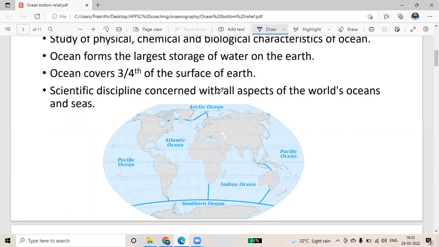In its northern portion, we can say the Arctic Ocean, and in the southern portion, the Southern Ocean. So by dividing the northern side and southern side, we can divide the ocean into 5. Otherwise, there are mainly 3 oceans: the Pacific Ocean, the largest; second largest, the Atlantic Ocean; and the third largest, the Indian Ocean, which surrounds the Indian Peninsula.